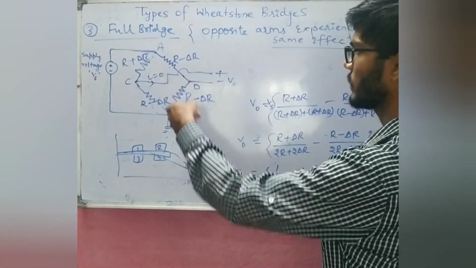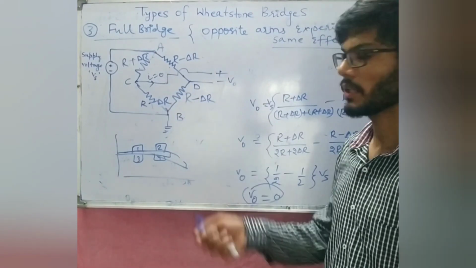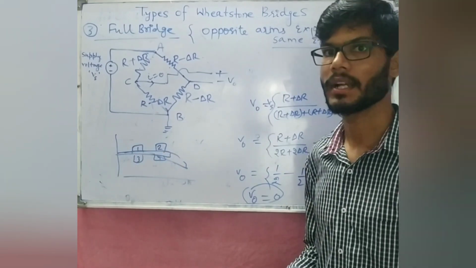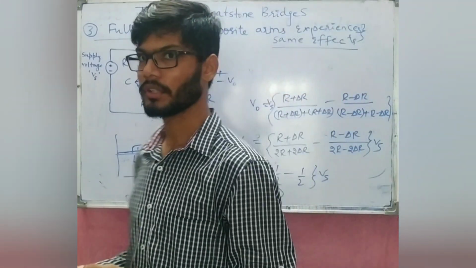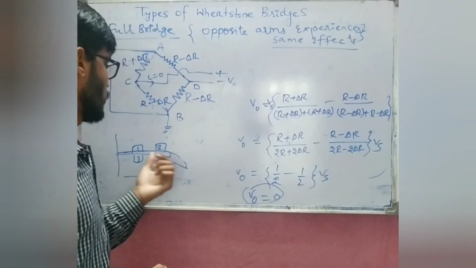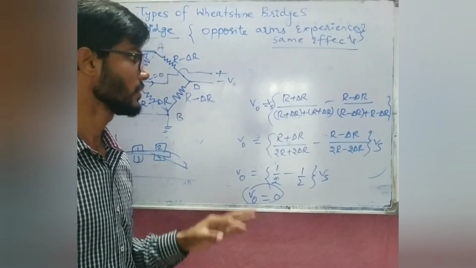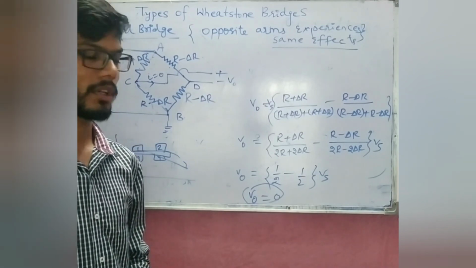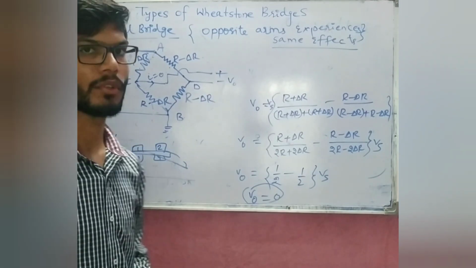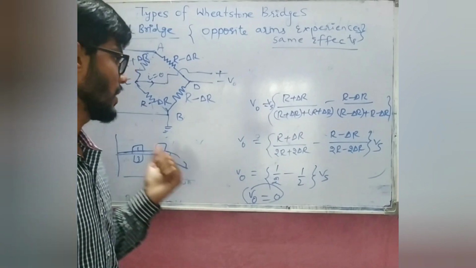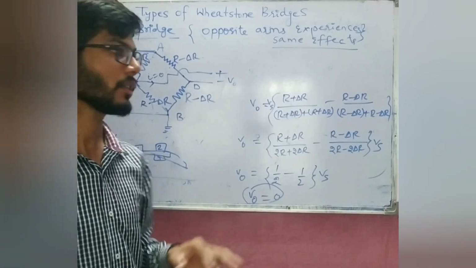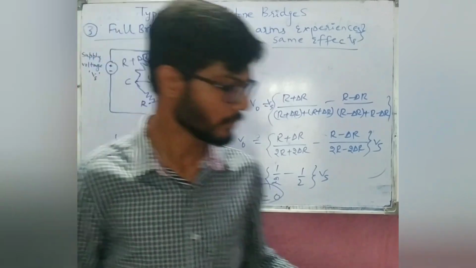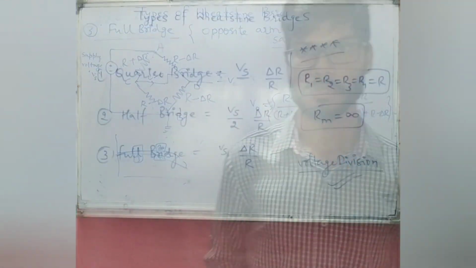If we place the resistances in this particular fashion, even if we apply stress on the cantilever beam and it produces elongation and compression in the strain gauges, you are not going to get any output out of it. So you have to always keep in mind that the arms experiencing the same effect have to be placed in the opposite arms of the Wheatstone bridge to get a valuable output.